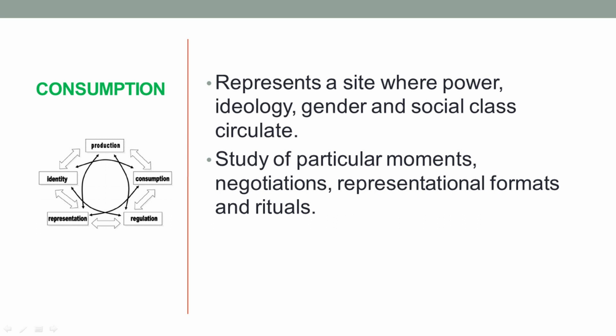Here, considering our example, the relevant questions are: consumption means, in the case of our cultural text, consumption means reading, consuming. Are the people who consume it different from the people who produce it?